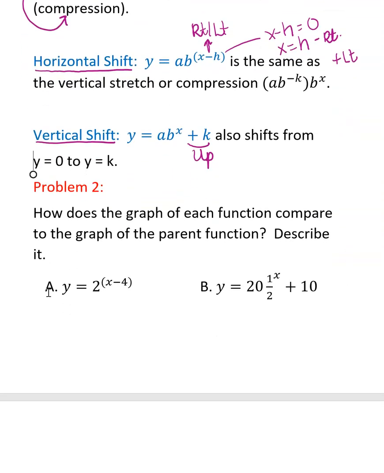So for the next two, how does the graph of each function compare to the graph of the parent function? Describe it. With this one, the parent function is y equals 2 to the x. Notice this is the part that really changes it. If we look at that horizontal shift function from before, it says that x minus 4 equals 0, x equals 4, would be 4 units to the right.